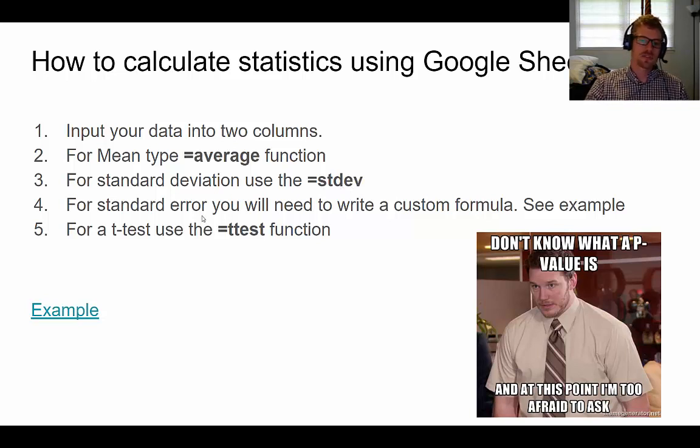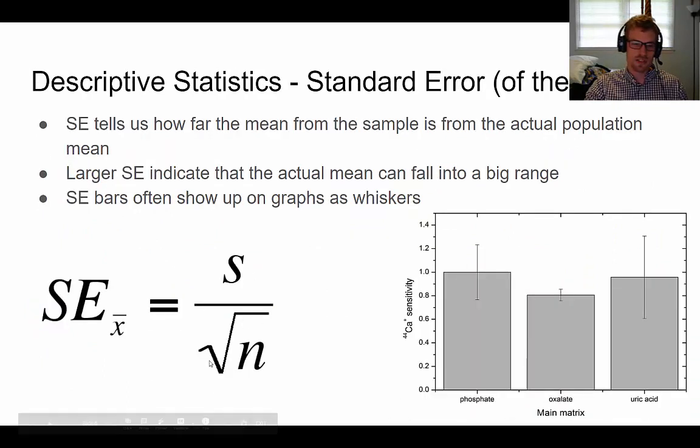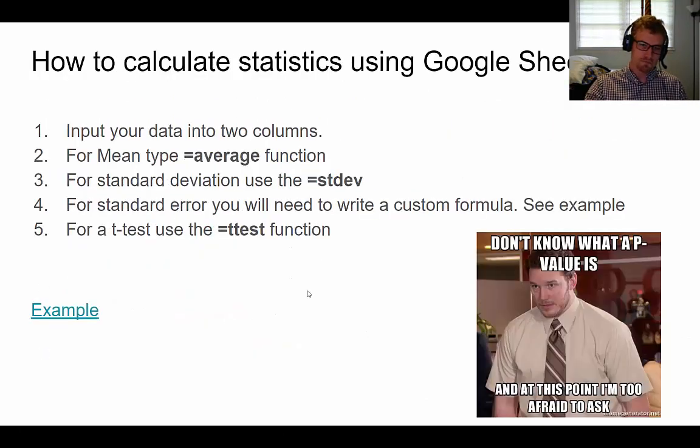For standard error, you have to write a custom formula. There is no standard error built into Google Sheets. You'll just have to write your own formula. But remember that standard error is just the standard deviation divided by the square root of however many items you had. So it's a fairly simple formula to be able to input. And then for the t-test, you can use the equals t-test function.